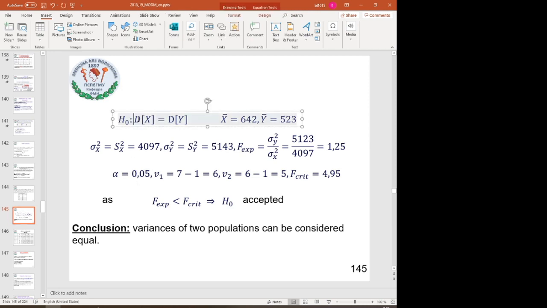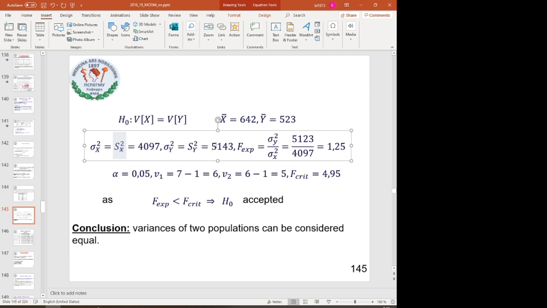Formulate the null hypothesis: variances are the same in the X intervention group and the Y control group. The variance, the squared standard deviation, of the first group is 4097.